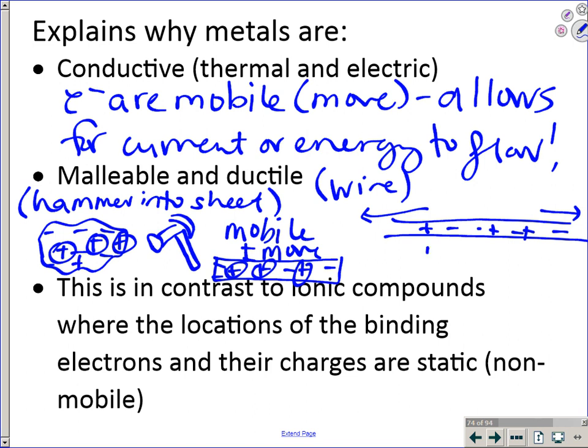And so they kind of fill in the gaps. If you start to stretch it too far, you can think of Play-Doh. If you stretch it too far, it breaks in the middle. Instead of breaking in the middle, the electrons or the cations will move to create a solid structure. There's not going to be any gaps where it would break. Eventually, yes, it would, but that's not what's going to happen immediately.